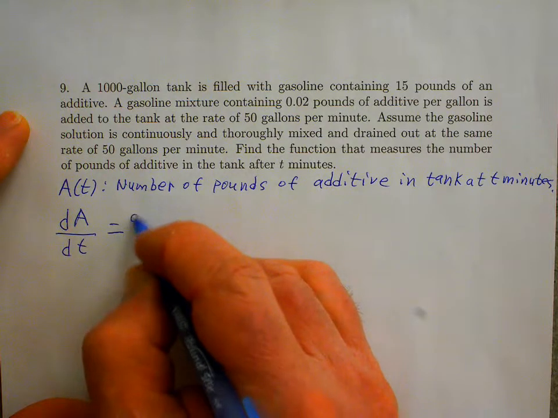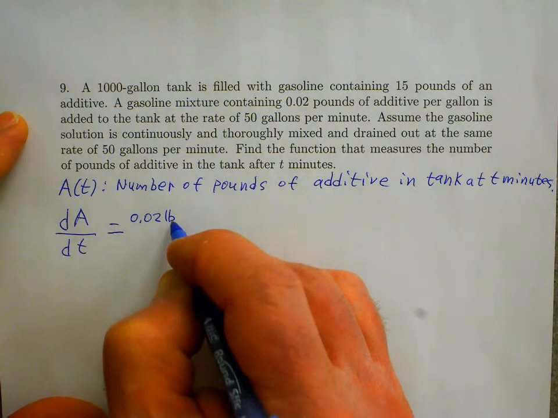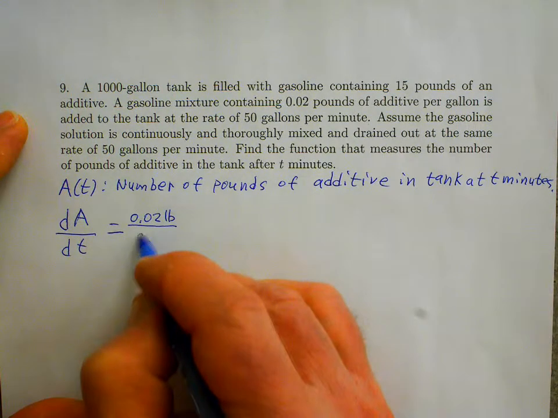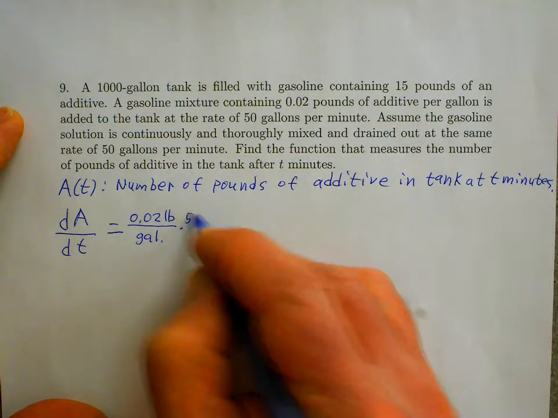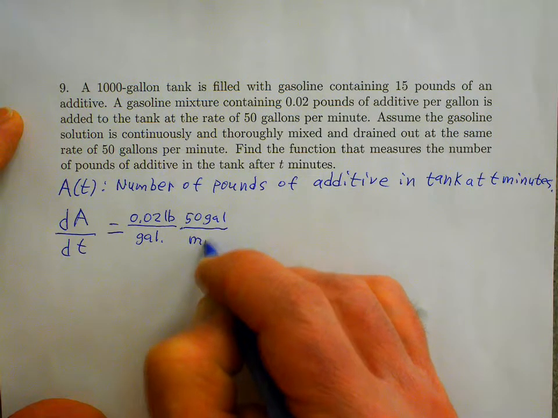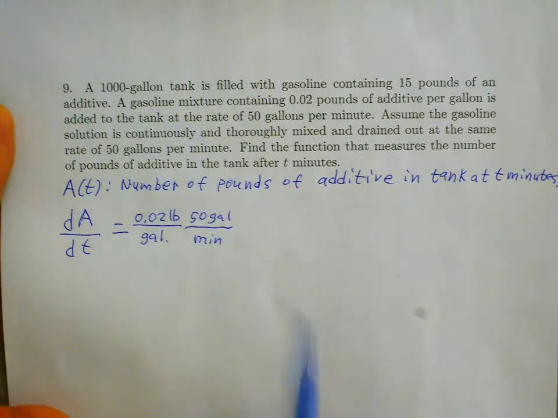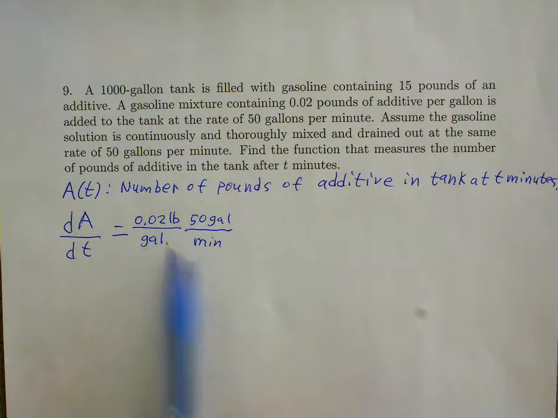So if we have 0.02 pounds per gallon multiplied by 50 gallons per minute, then the gallons units cancel, so this simplifies to 1 pound of additive per minute being added to the tank. 0.02 times 50 is just 1.